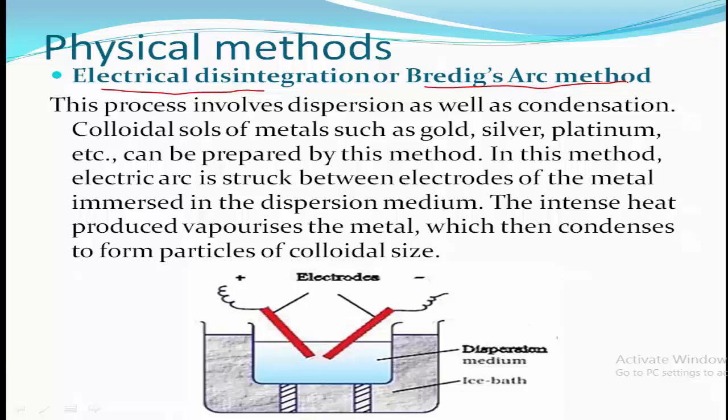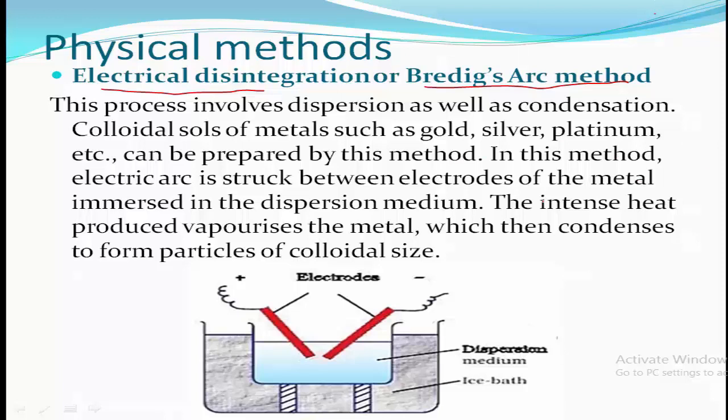Here, for the metal sol which is to be prepared, we take electrodes of those metals and immerse them in the dispersion medium, that is usually water, containing a small amount of an electrolyte.